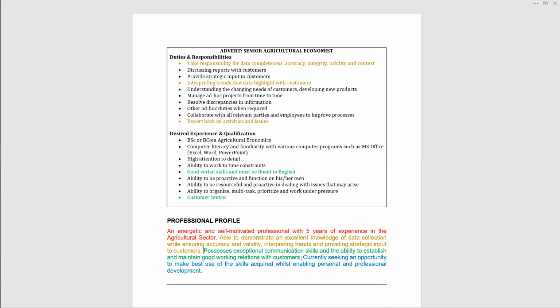And obviously you'd have to be brief, because a professional profile should be between 5 to 6 lines. And then the last part of the professional profile, you write about the objective.